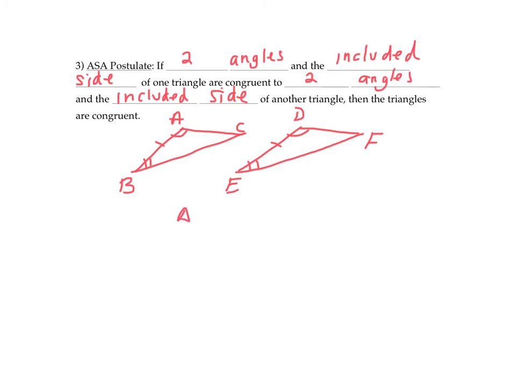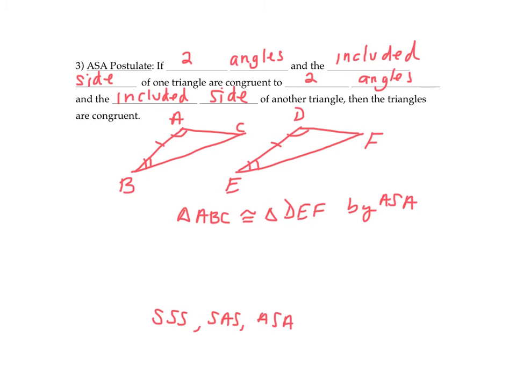So again, triangle ABC is indeed congruent to triangle DEF, and this time it's by angle side angle. Let's squeeze that A in there. Okay, so we have our three shortcuts: side, side, side, side angle side, and angle side angle. Let's see how we can use those in proofs.